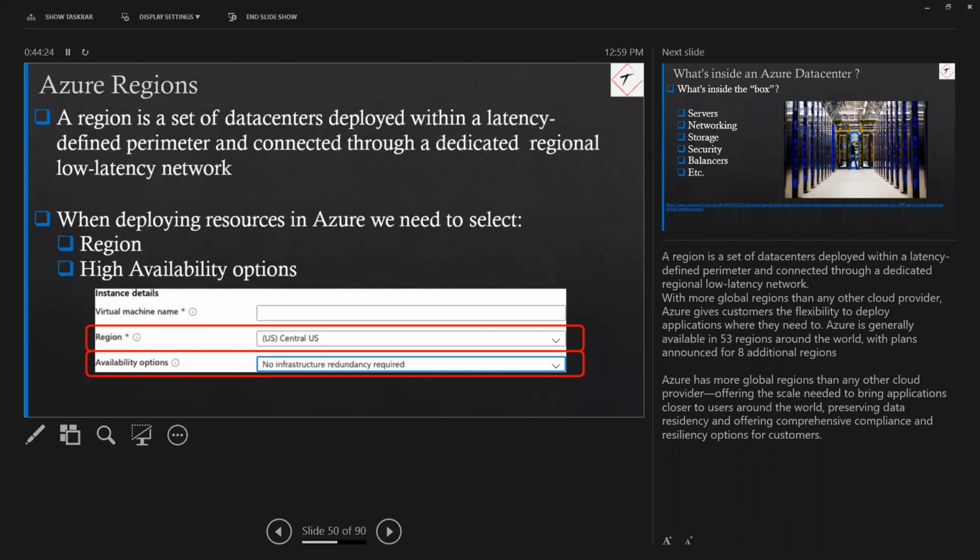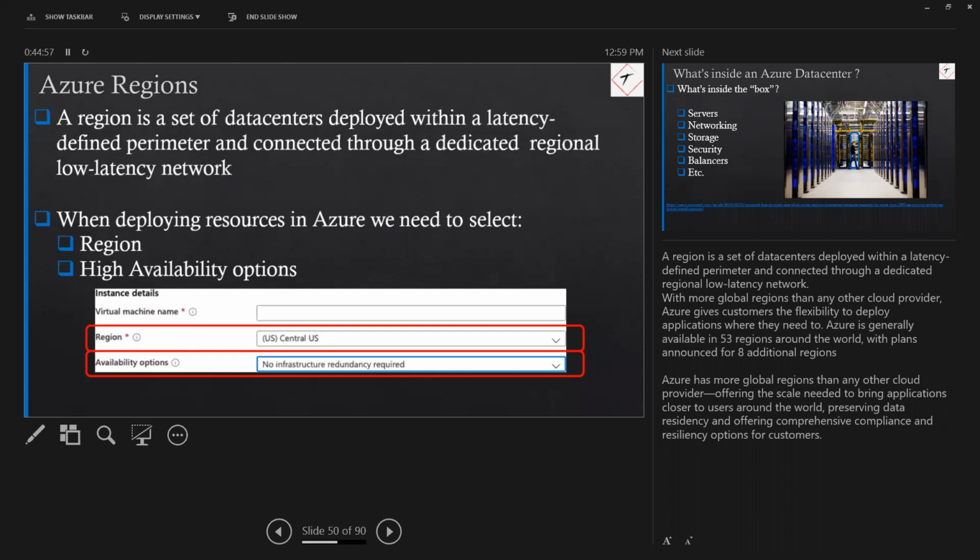Azure is generally available in 53 regions around the world, with plans announced for 8 additional regions, so they will have close to 80 regions overall in some time. Azure has more global regions than any other cloud provider, offering the scale needed to bring applications closer to users around the world, preserving data residency and offering comprehensive compliance and resiliency options for customers.